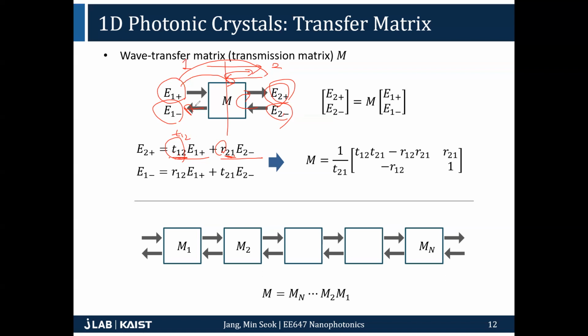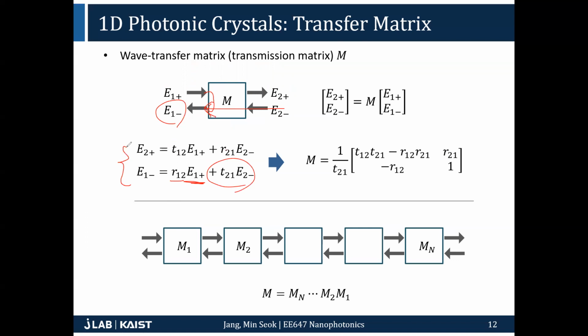Similarly, in order to get E1 minus, you need to take into account the reflection of the E1 plus mode, so R12 times E1 plus, and also T21 times E2 minus, right? So these two equations, rearranged, give you the transfer matrix.